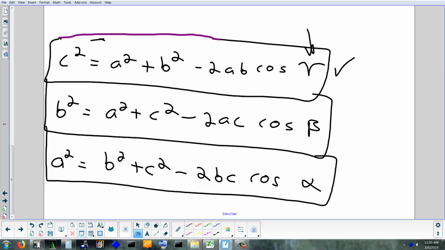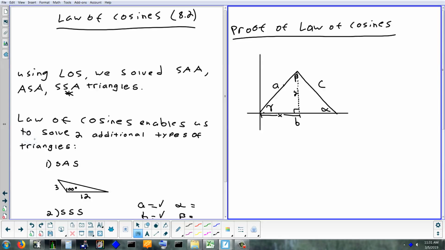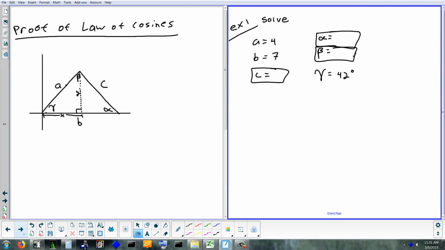You only want to have one. So the two types we're going to do are side angle side and side side side. One of them, you have freedom to pick any one of these equations to use. The other one, you have to find something first. And you'll see when we solve it, it's pretty obvious.